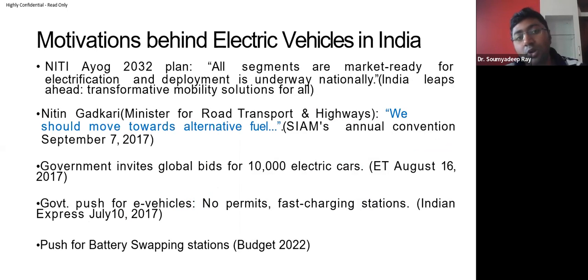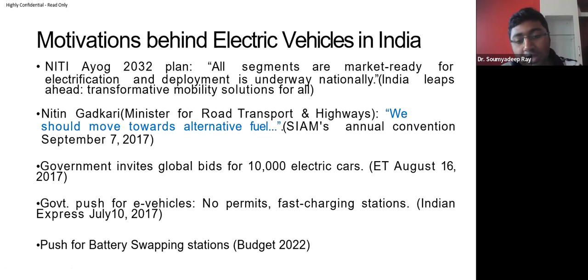Now if you talk about India, the government, though I am not a political person, I can say is interested in moving towards this green revolution. Our road transport and highway minister, Nitin Gadkari ji, has already said, and I just quote one line, but you can go through the total documentation of what he has said, that there is a push from the government for the EV segment.